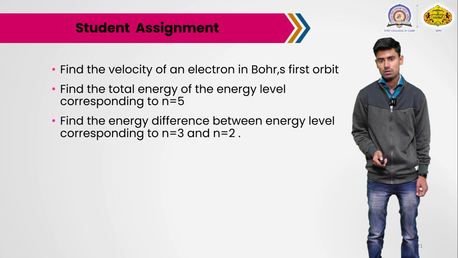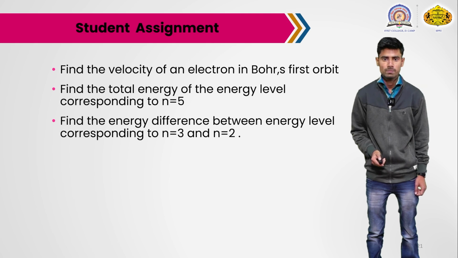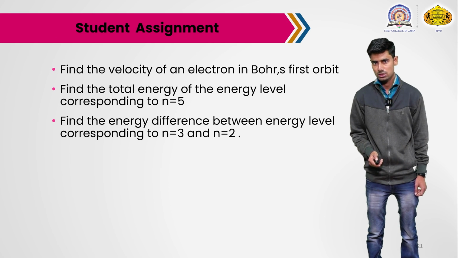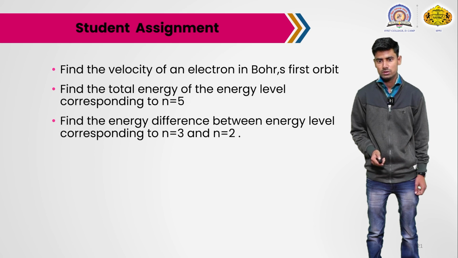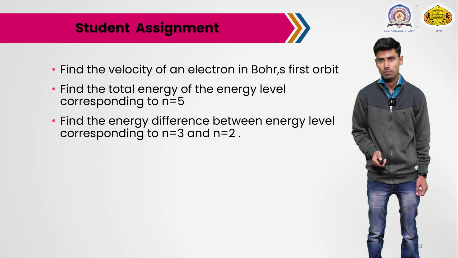Second, find the total energy of the level corresponding to n equals 5, that is, E5. Substitute n equals 5 in the formula for energy, which is Z square me power 4 upon 8 epsilon 0 square n square h square with a negative sign.